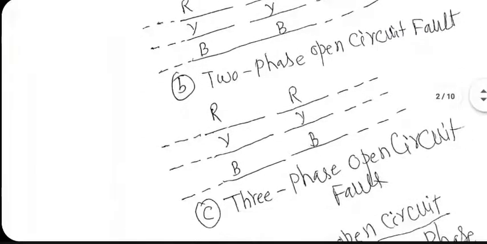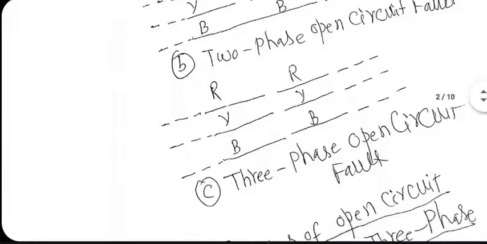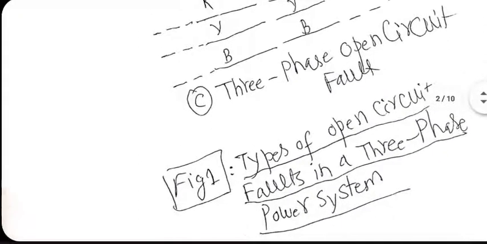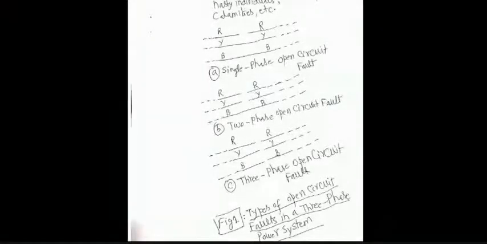And then three phase, where all the three wires have been open circuited for whatever reasons. When you have an open circuit, no current will flow.